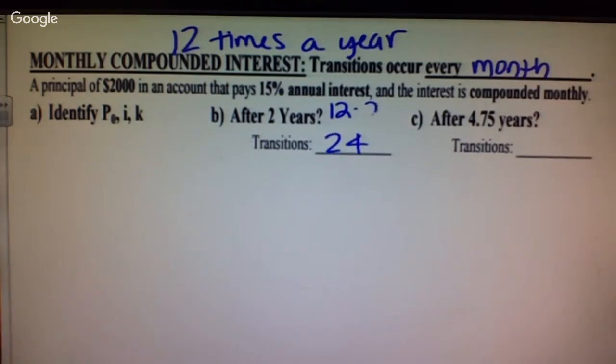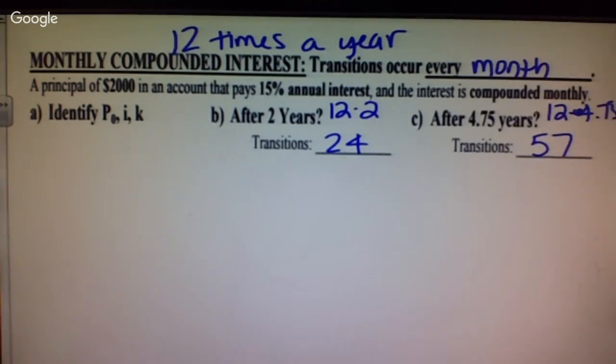This is 12 times 2. If it's happening after 4.75 years, how many transitions? 57. 12 times 4.75.